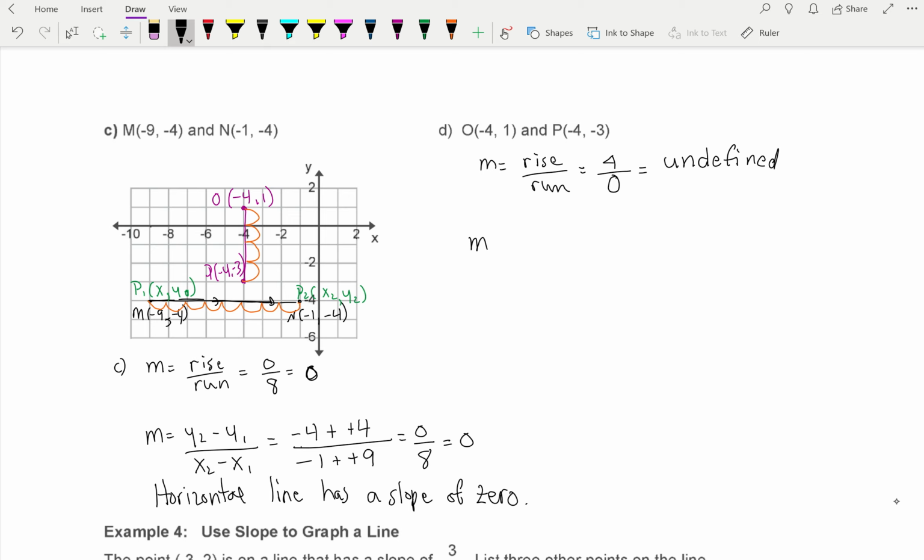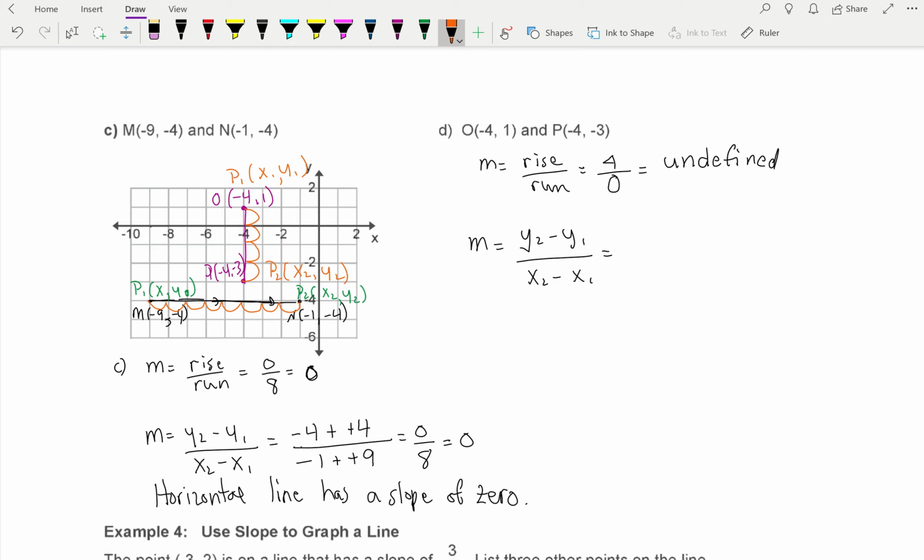Okay? Our other slope formula is y2 minus y1 over x2 minus x1. All right, why don't we say that O is point 1, so x1, y1, and P is point 2, x2, and y2.